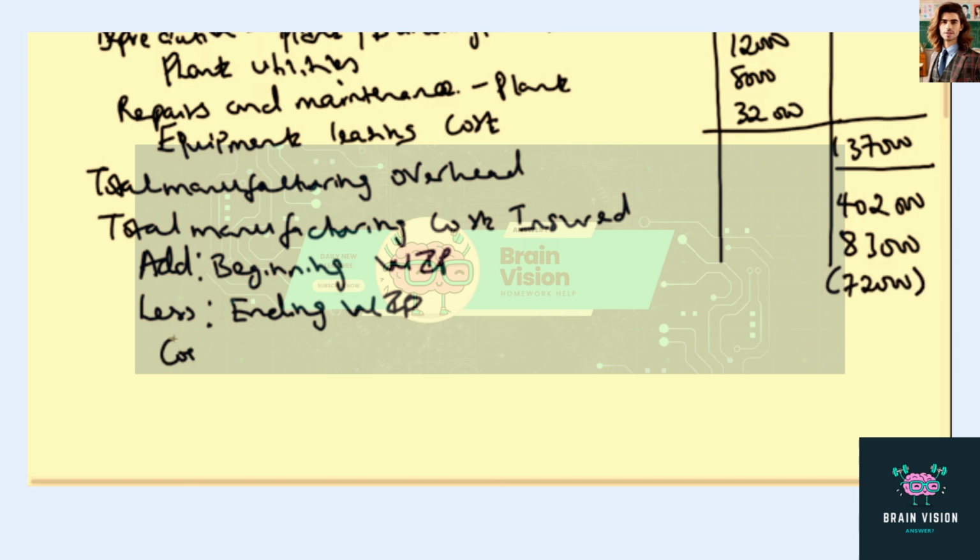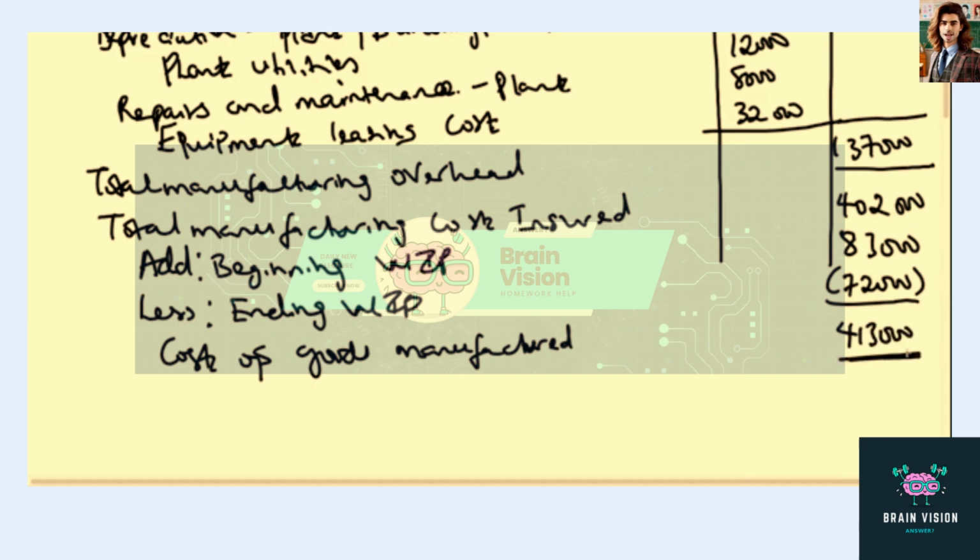And then the answer would be cost of goods manufactured. And that's going to be 413,000.